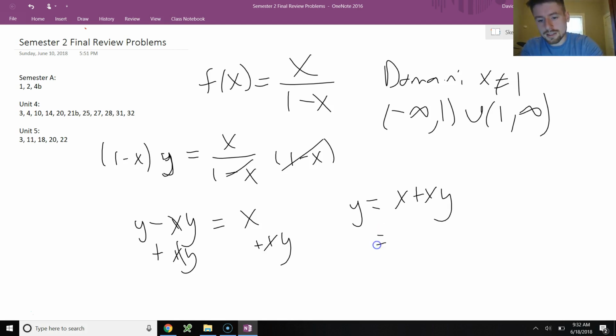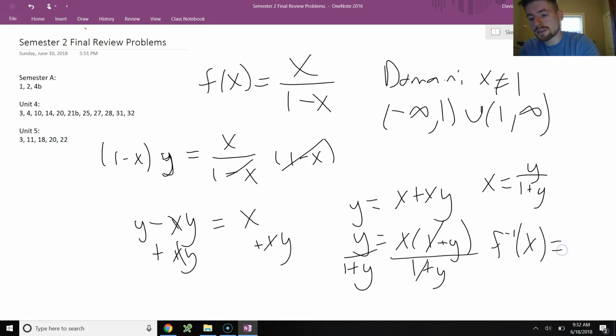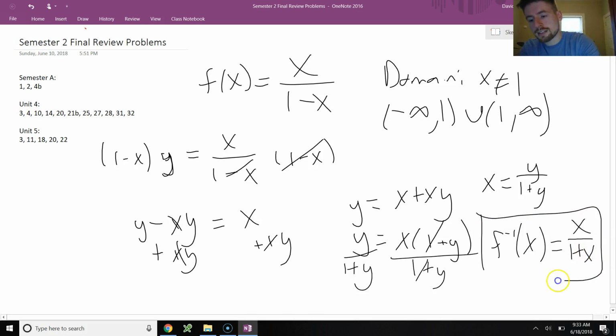So this is x times the quantity 1 plus y equal to y. Divide both sides by 1 plus y. And there we go. We have x equals y over 1 plus y. Often when we write this with inverse function notation, we'd say f inverse of x equals x over 1 plus x. So that's the algebraic inverse.